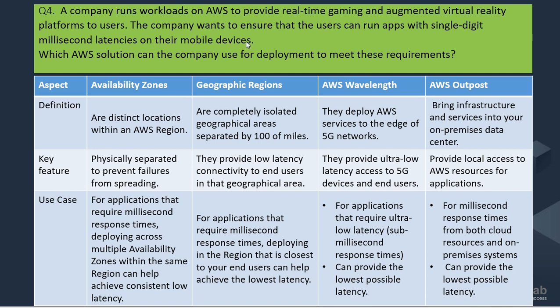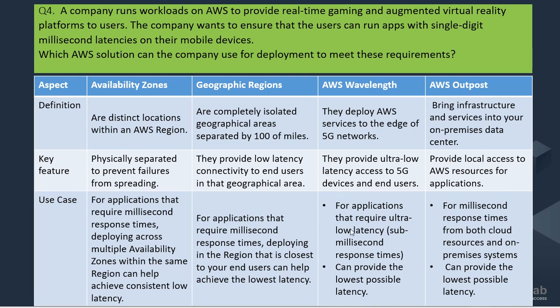If you talk about mobile devices, then in the definitions, the one that talks about mobile devices would be 5G networks. These are high-speed networks, which fits single-digit millisecond latencies. 5G networks are very high in speed. They have ultra-low latency access to 5G devices, and a mobile device is one of them.